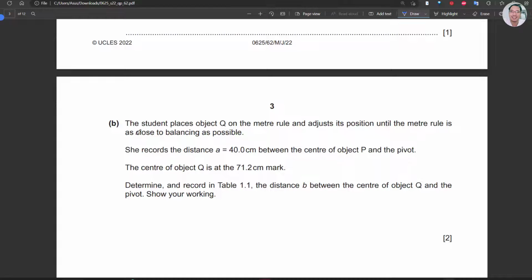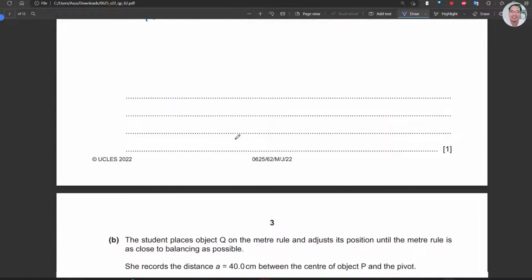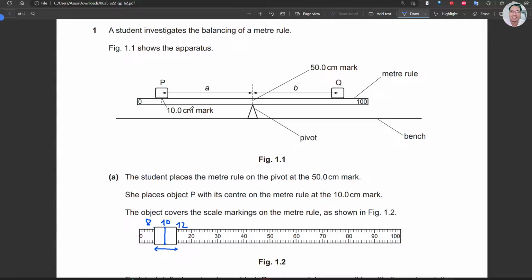The next one, question B, the student places object Q on the meter rule and adjusts its position until the meter rule is as close to balancing as possible. C records the distance A equal 40 centimeters between the center of the object P and the pivot.